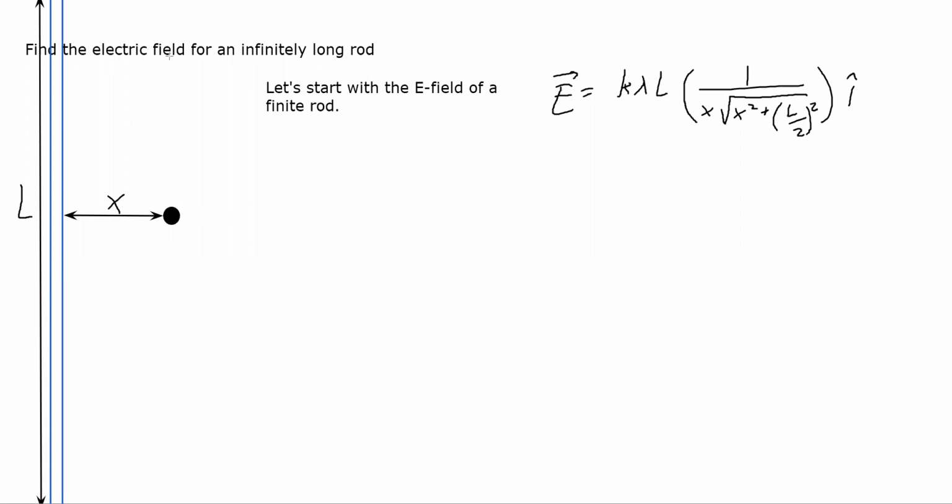There are a couple of things I'm going to do differently in order to get our infinite rod. One thing is not as crucial, but comes up a lot. There is a different way of writing K, or Coulomb's constant. K is related to something called the permittivity of free space, epsilon 0.